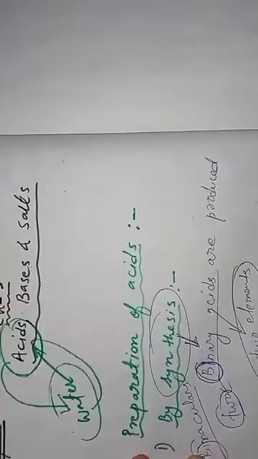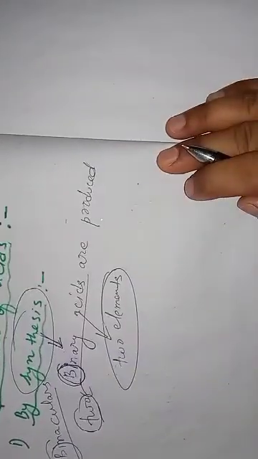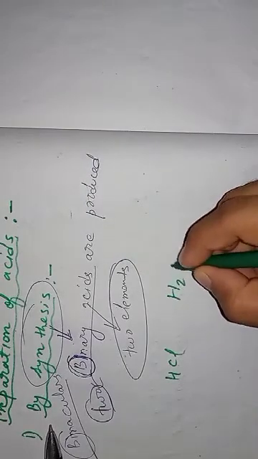Acids containing only two elements are binary acids. So synthesis is the method by which binary acids are produced. For example, HCl, H2S, HBr. So these are binary acids, isn't it? Because they contain two elements.